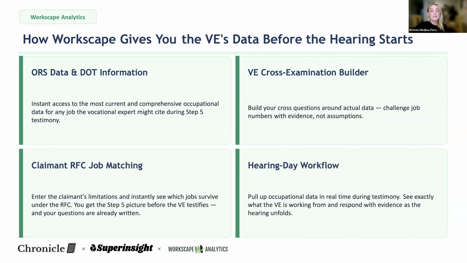So with Workscape, you're able to use the software in the entire process: pre-hearing, live during the hearing, and post-hearing. I know there's several companies offering a lot of things on the back end post-hearing, which is great, but wouldn't you rather handle business live in the hearing to hopefully avoid having to circle back around and get a favorable decision? You can do it live in the hearing with those instant job number calculations.